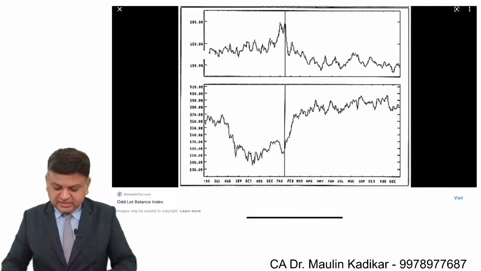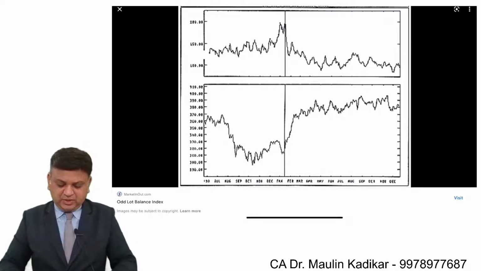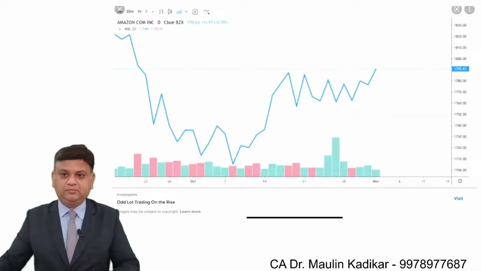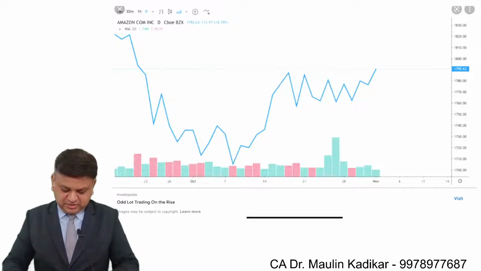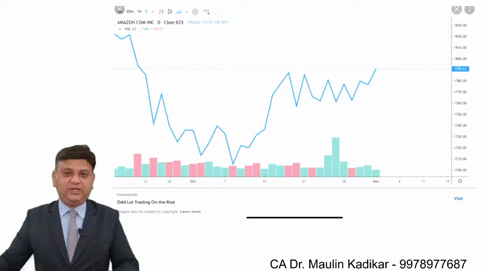So you can see, this is the odd lot theory diagram, in which the number of traders who are trading in odd lots and the number of traders who are trading in proper lots is given. Similarly, this is also a diagram for odd lots, showing trading with respect to the number of traders.